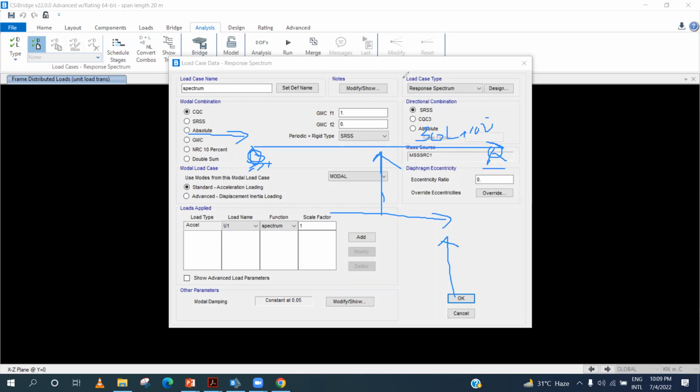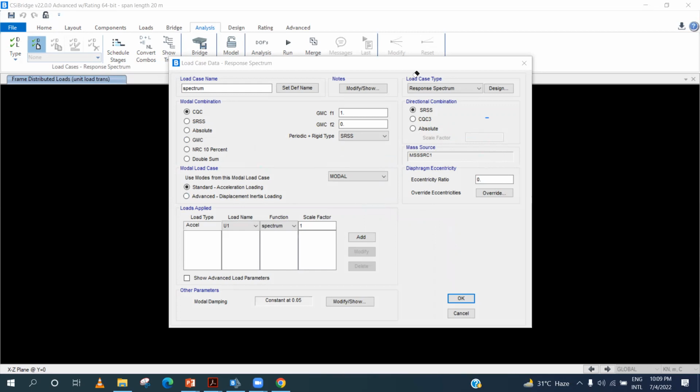No, we don't take the vertical effect; it is mostly considered in the near zone. If your bridge lies within 15 kilometers of the seismic source or the fault, then we take the vertical also.